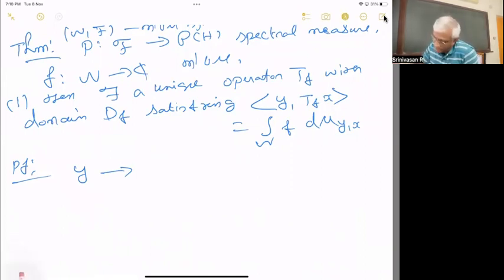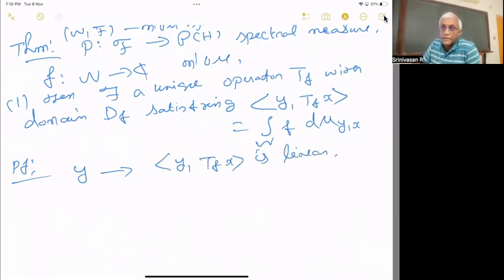Y going to <y, D_f x> is linear. Okay. So if we prove it's bounded, then there will exist a z such that this is equal to <y, z>, and you call that z as D_f x. That's all.